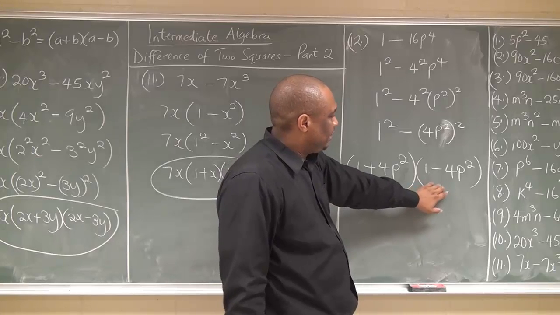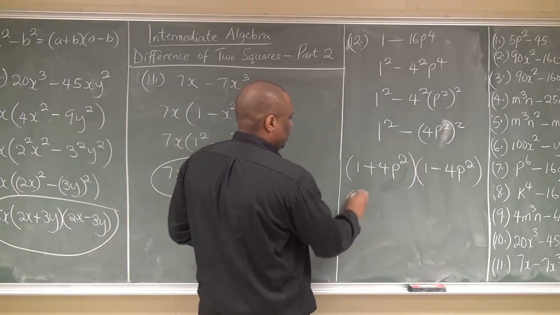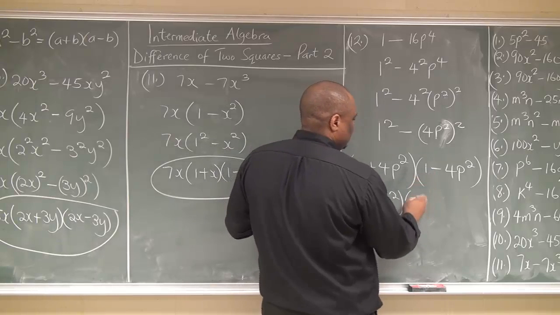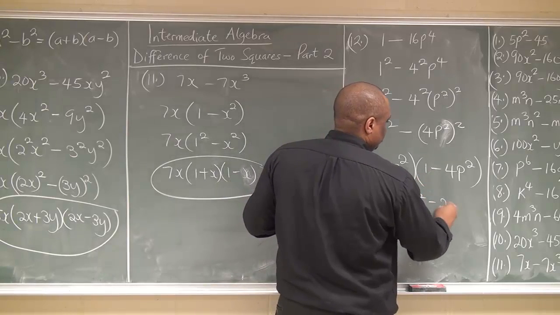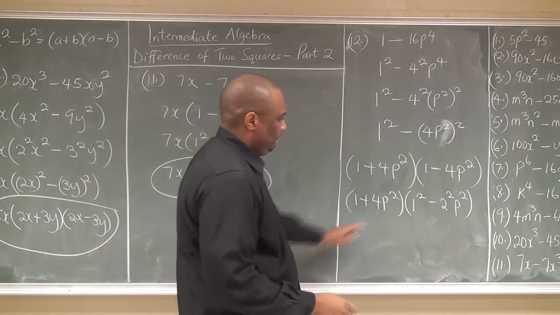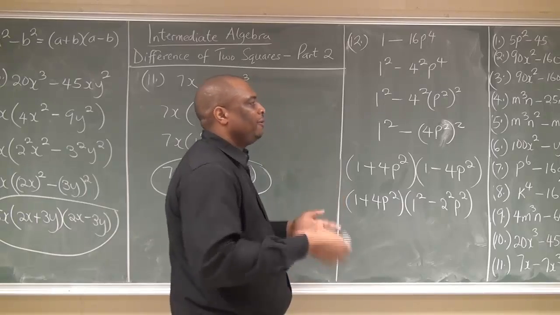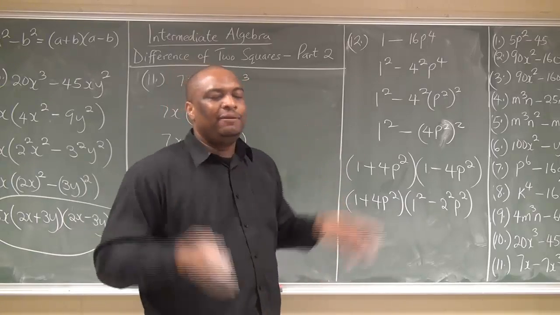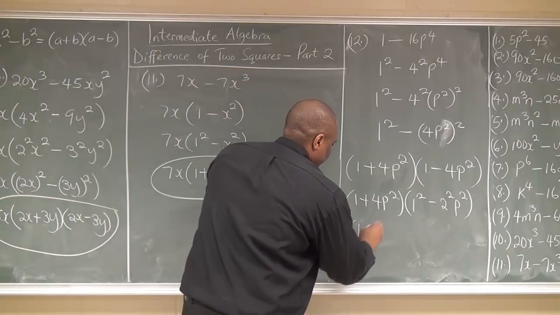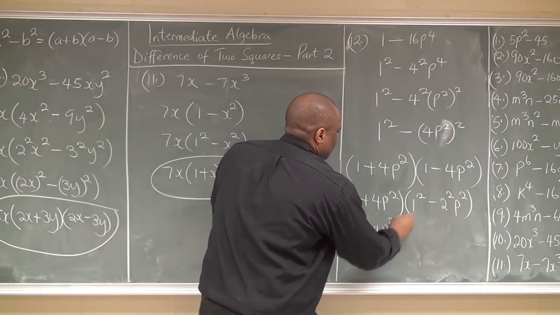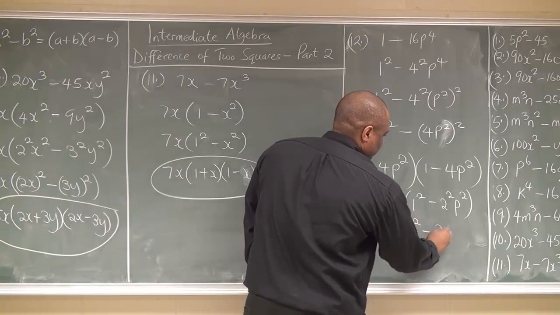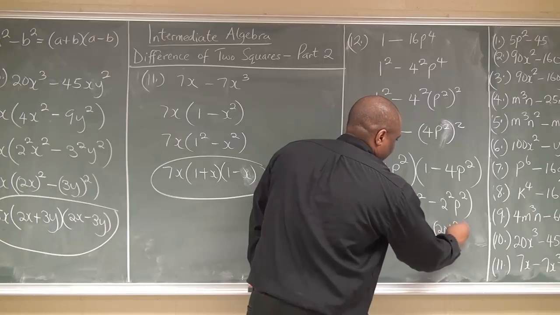But we can still do something here. Now this will be 1 plus 4p squared times, this is 1 squared minus 2 squared p squared. You see that? You keep on factoring till the last. You have to factor till the last. This is 1 plus 4p squared times 1 squared minus 2p all squared.